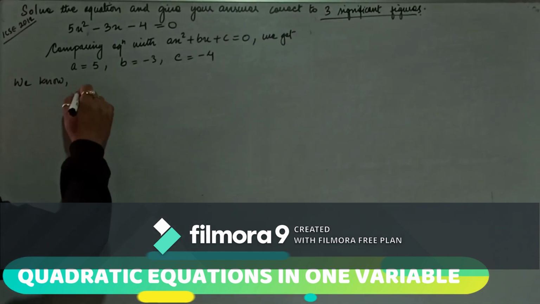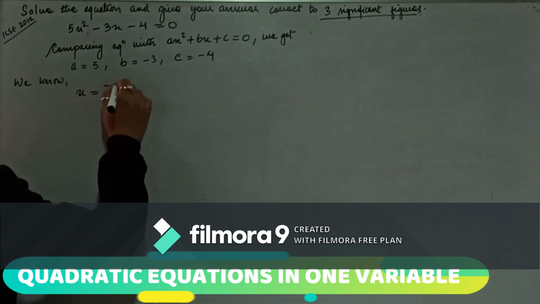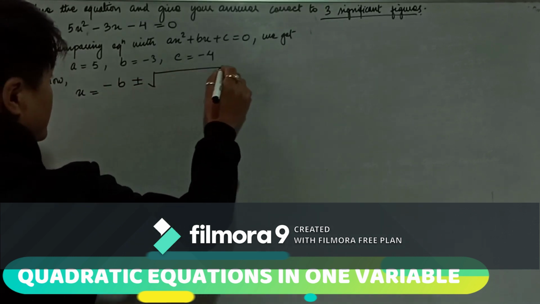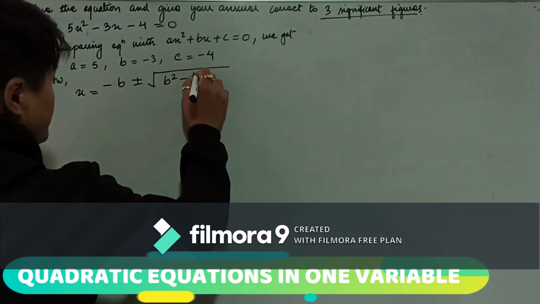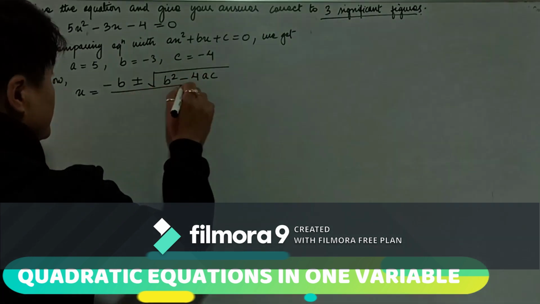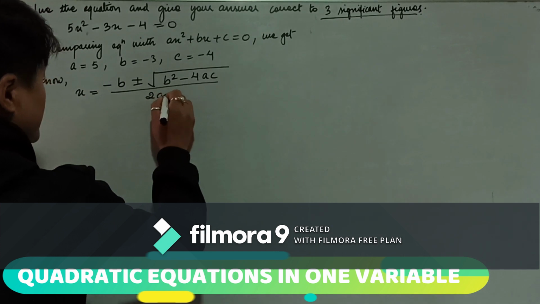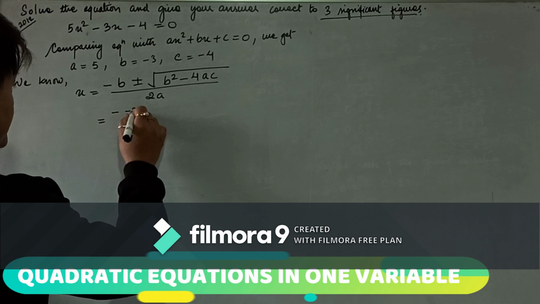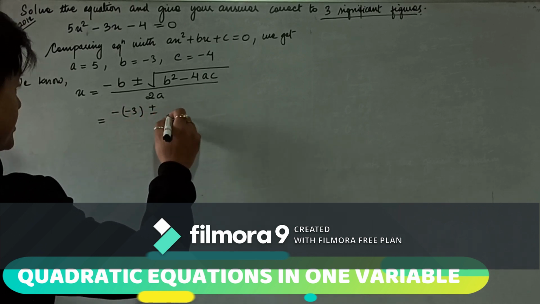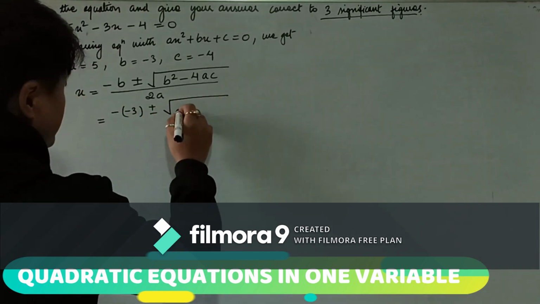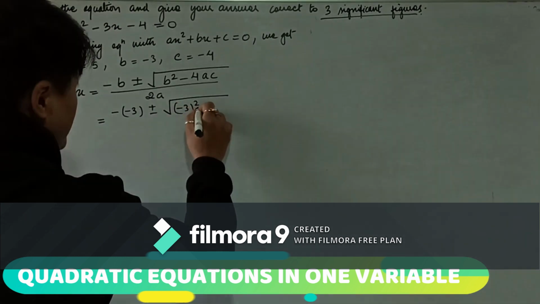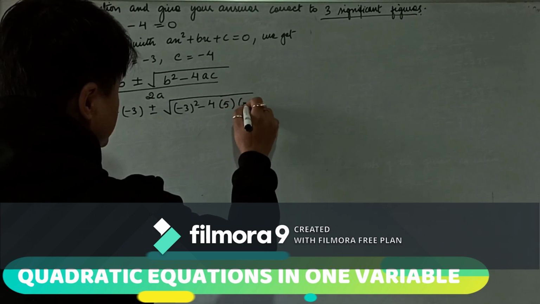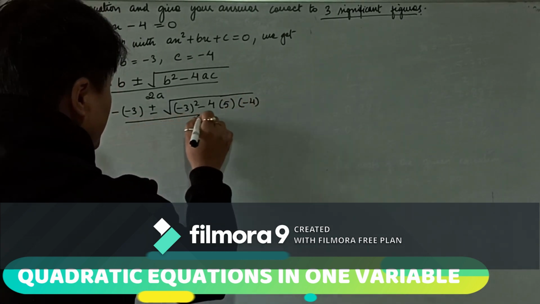We know x is equal to minus b plus minus root under b square minus 4ac whole divided by 2a. This is equal to minus b, here minus 3, plus minus root under b, here minus 3 whole square, minus 4, a is here 5 and c is here minus 4, whole divided by 2a.